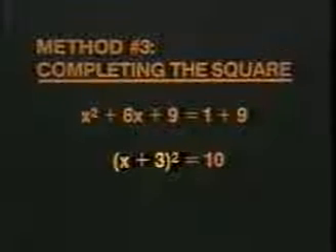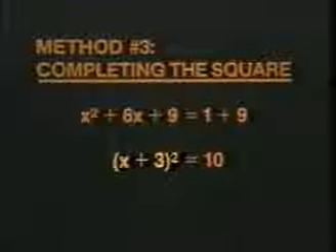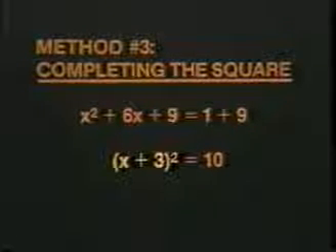So we add 9 to both sides of the equation. By doing that, we turn the expression on the left into a perfect square. That's why this method is called completing the square.